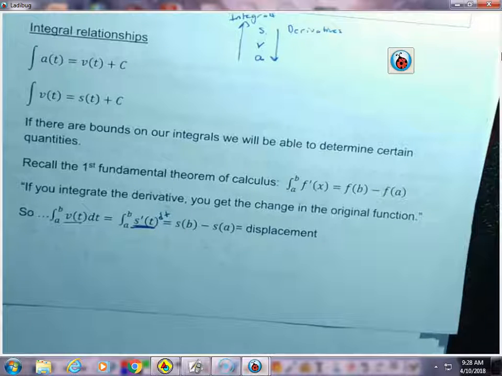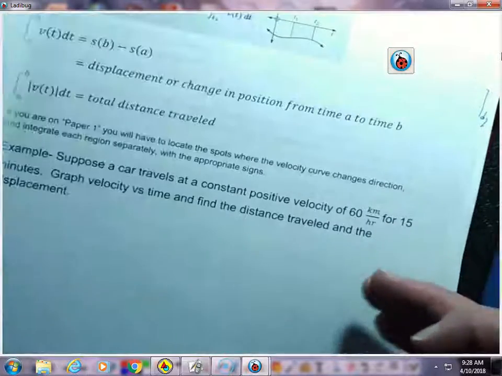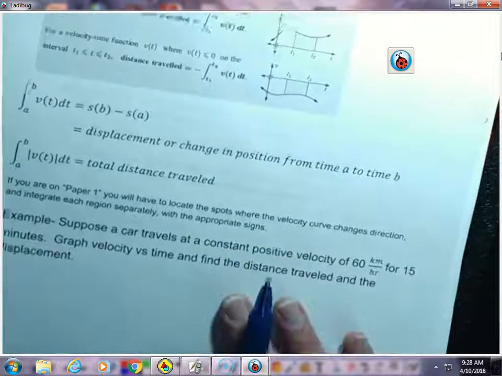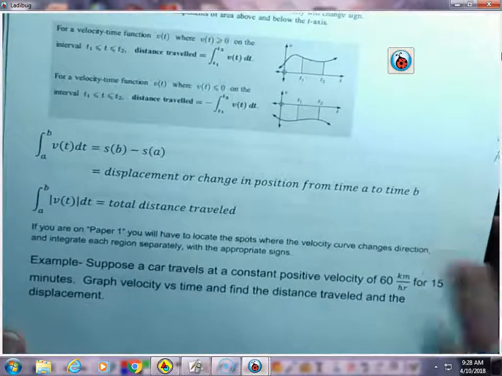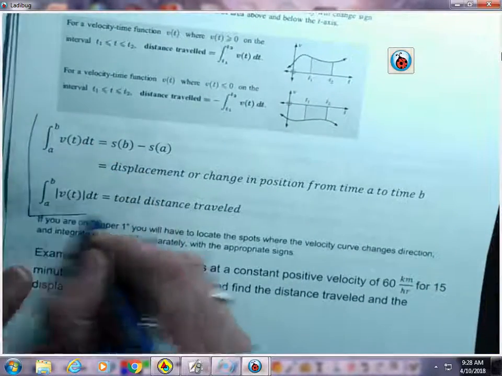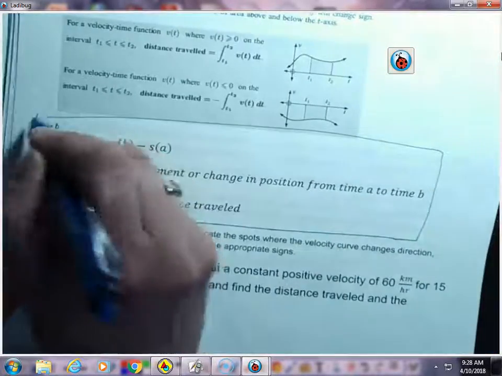So that's going to be really important because when you integrate a velocity function, you're going to find displacement. You're going to find how far you've traveled. Okay. Sometimes you're going to want to know how far you've traveled. Sometimes you're going to want to know the total distance you've traveled. You need to write these two things down. I'm going to show you how they work.